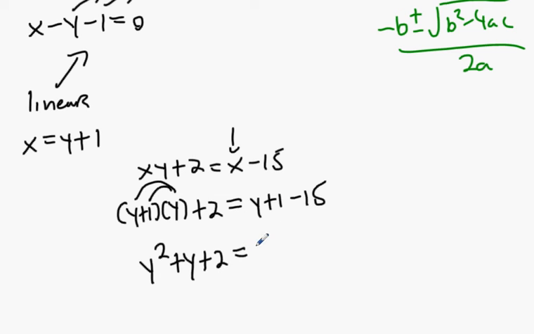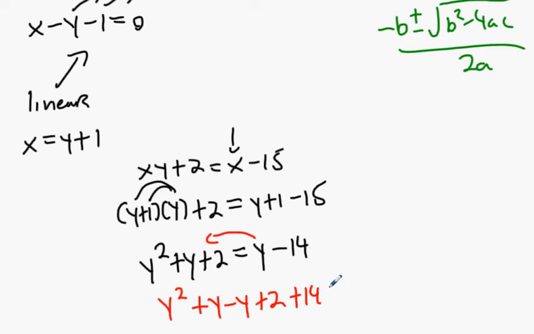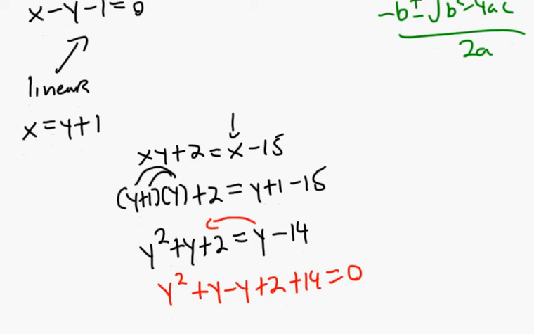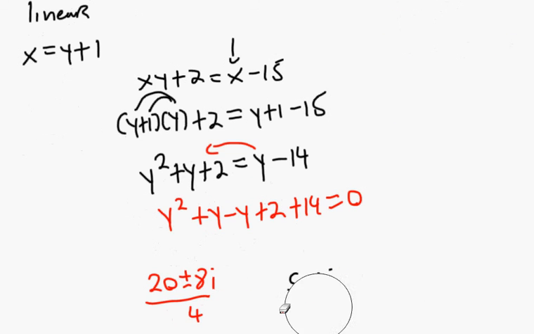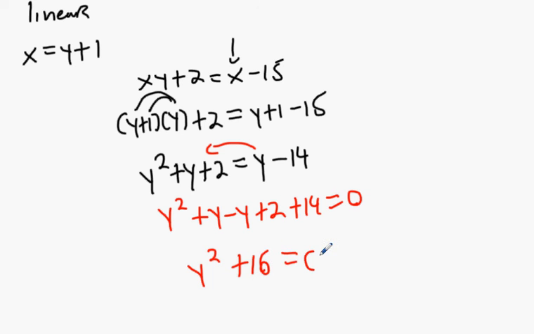Now what's 1 minus 15? Minus 14. Bring everything onto one side. We get y squared plus y plus 2 plus 14 equals 0, with the y's cancelling. Now, y squared plus 16 equals 0.